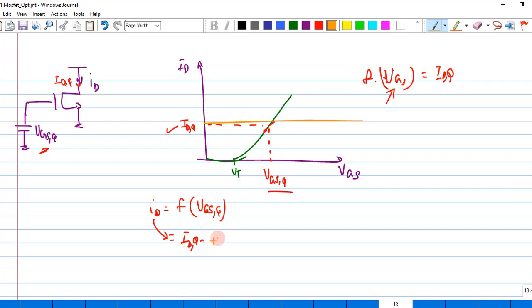Yeah, I can add the slope term, right? So I can just have a slope term, which is nothing but the slope around the known value of VGSQ, and to that I also have to add the small signal, okay? So the small signal, which I write as small vgs, okay?